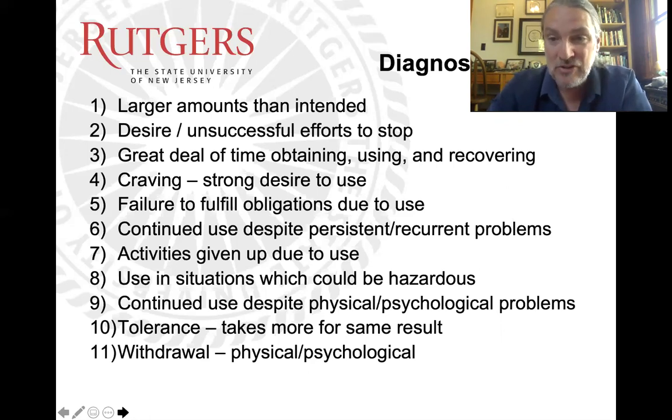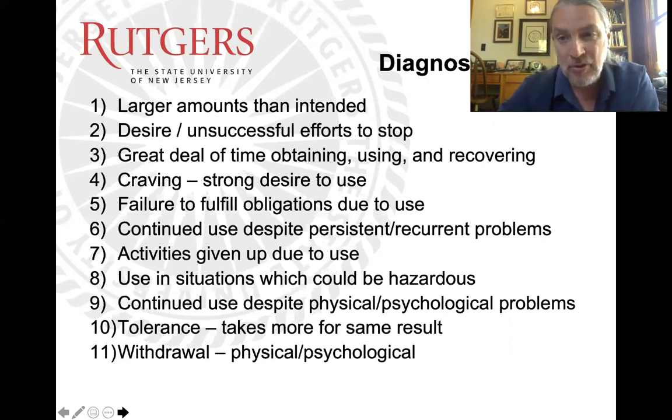Self-endangering situations. A person is going to put themselves in a great deal of difficulty to obtain this. You think about the person that drives into a really terrible neighborhood to buy drugs in the middle of the night, or using something that you've gotten from someone somewhere. You don't even know what you're taking at a certain point. Continued use despite the physical and psychological problems. And then a couple really important hallmarks of these are tolerance and withdrawal.